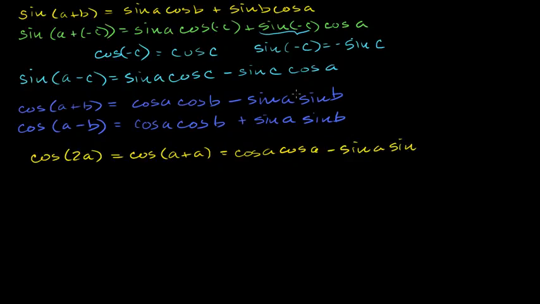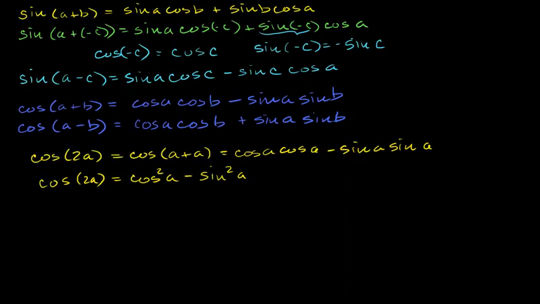Right? My b is also an a in this situation, which I could rewrite as the cosine squared of a, I just wrote cosine of a times itself, minus sine squared of a. So that's one identity already. Cosine of 2a is equal to the cosine squared of a minus the sine squared of a.